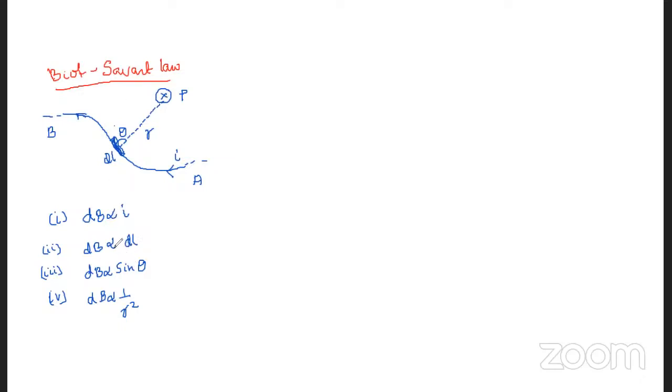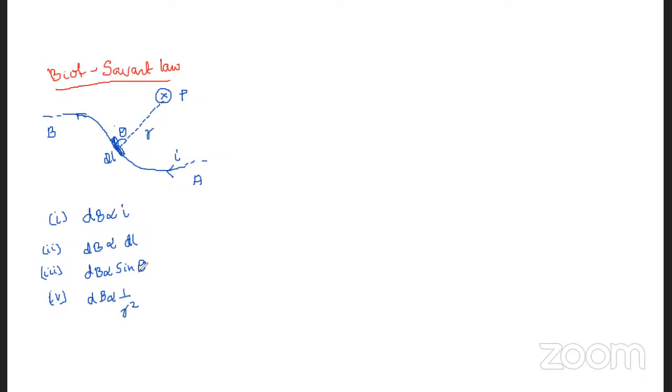And then this magnetic field dB is directly proportional to the length of this small element dl. So dB is directly proportional to dl, one point. The third point is that dB is proportional to the sine of the angle theta between the length of the element and the line joining the element to the point P. So that is what we have represented: dB is proportional to sine theta.